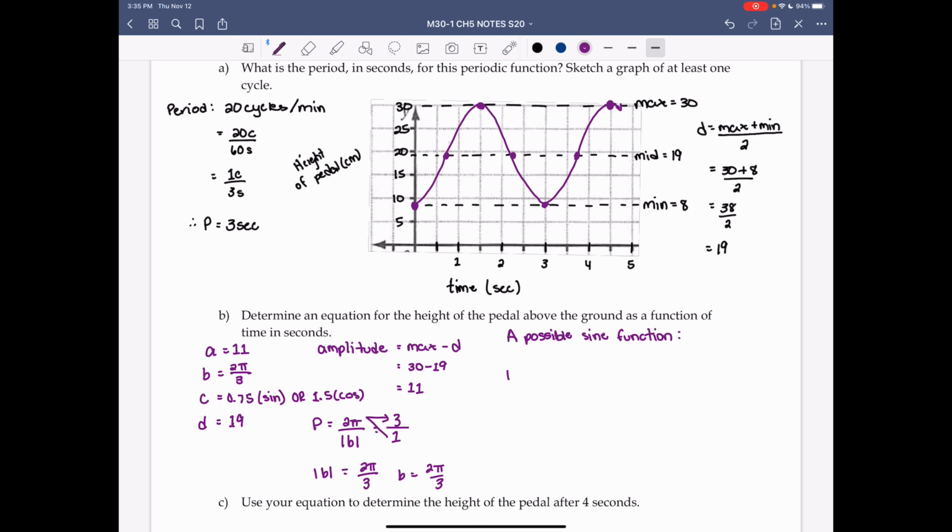Our y value is h for height equals a is 11 sine, bracket b is 2 pi over 3, bracket. Our x is t in this case, minus 0.75 for the sine function, and then plus the d value of 19.